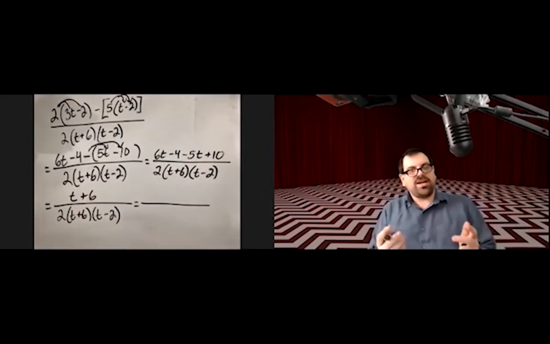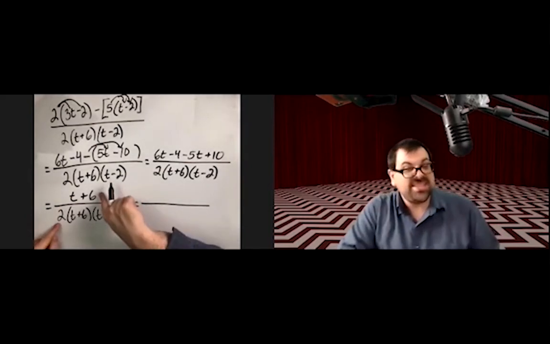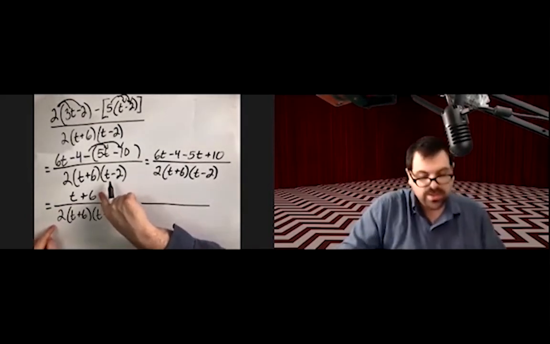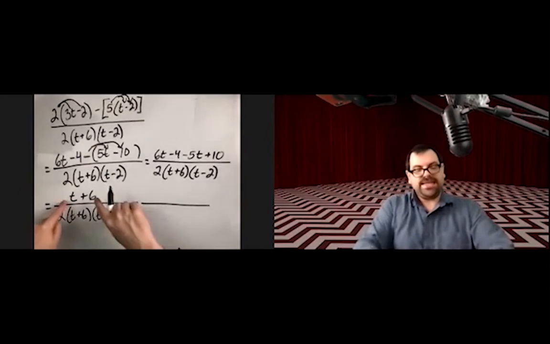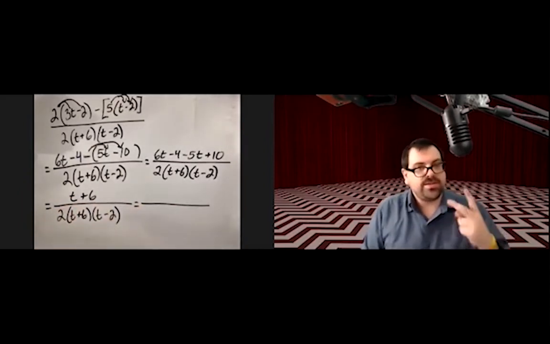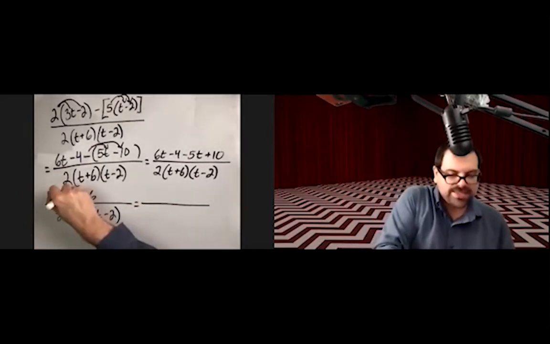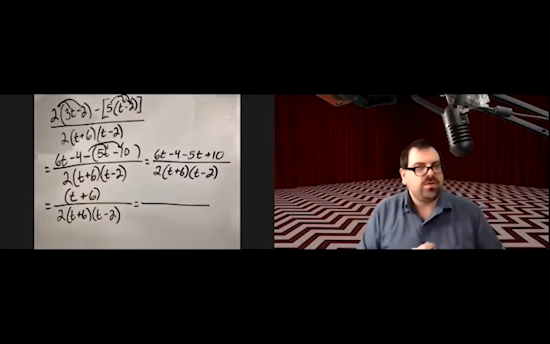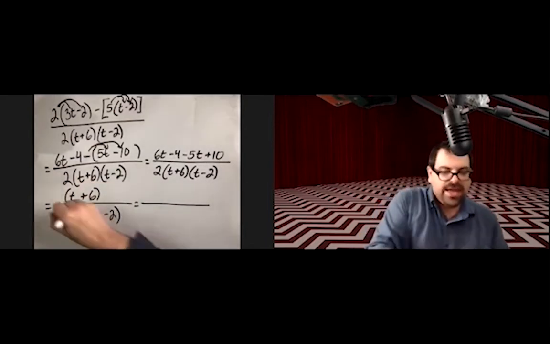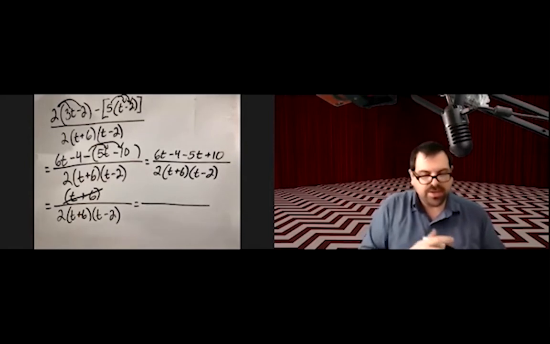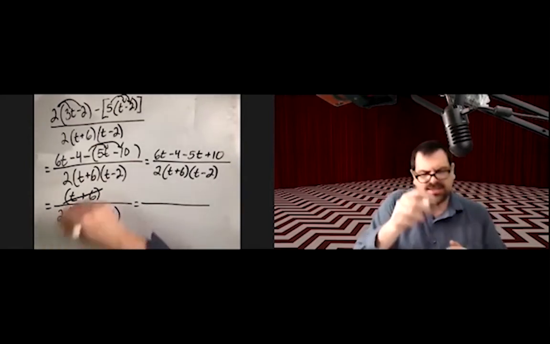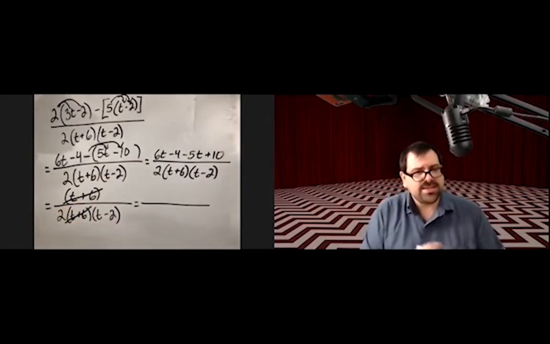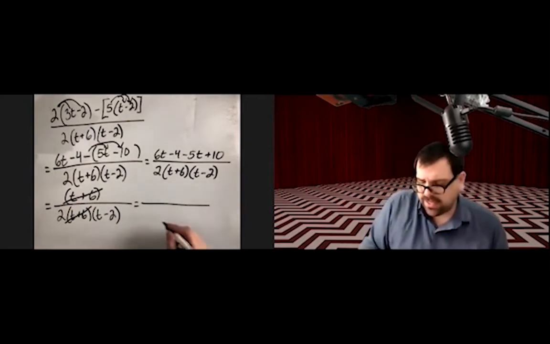And this is what I was talking about before. We can't just cancel a t. We can't just cancel a 6, perhaps with this 2. Because this t plus 6, that's 2 things added together. That makes it one single factor. And that single factor of t plus 6 multiplies with that single factor of t plus 6. The t plus 6 goes away.